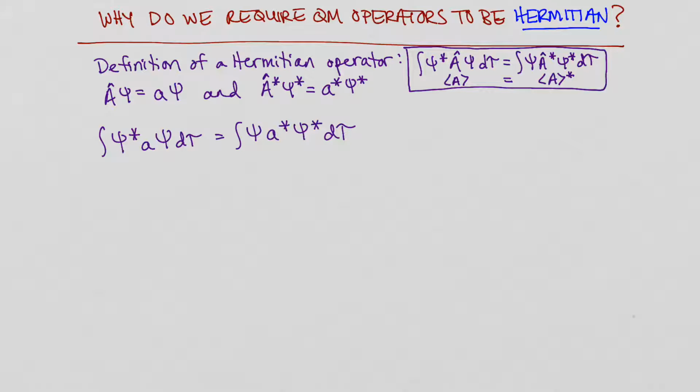Now, just like every other integral evaluation, let's pull out our constants to simplify things a bit. Here we'll pull out the A, and we're left with psi star psi d tau. And then same on this side, we'll pull out our A star, and we're left with psi psi star d tau.